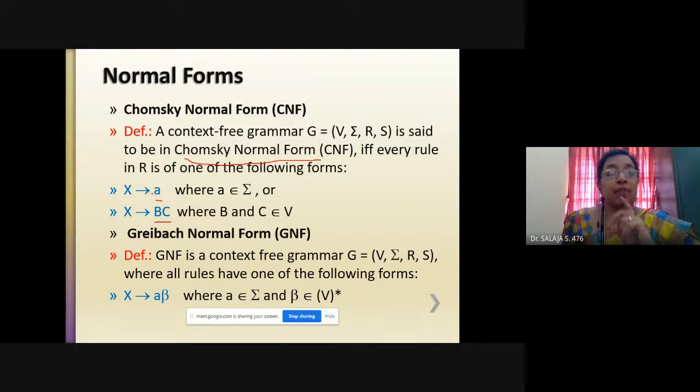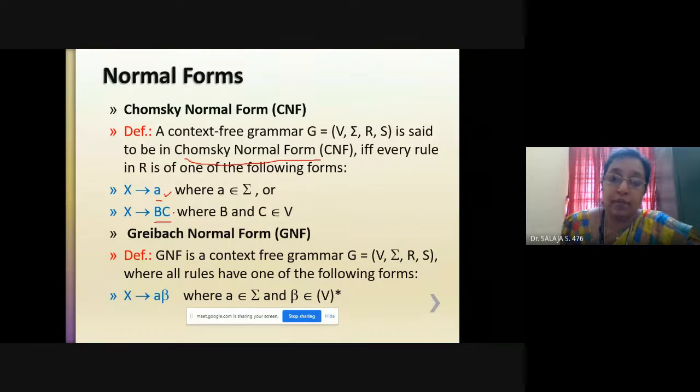Three terminals, four terminals are not allowed. A combination of terminals and variables is not allowed. Even one variable is not allowed. So either it should have one terminal or two variables on the right hand side. In that case, you call it Chomsky's normal form.